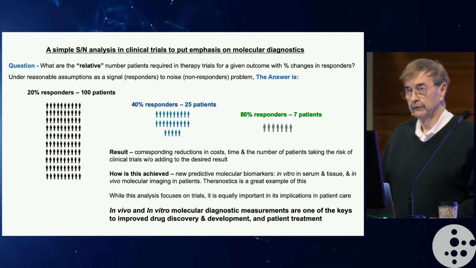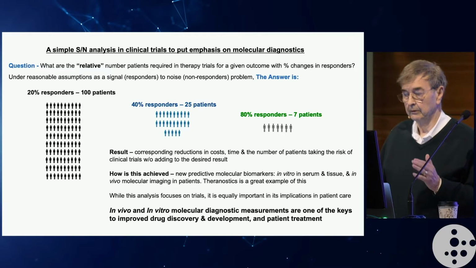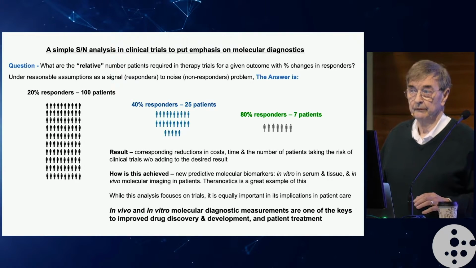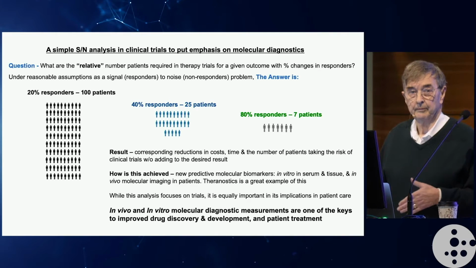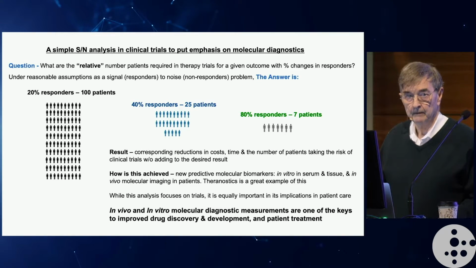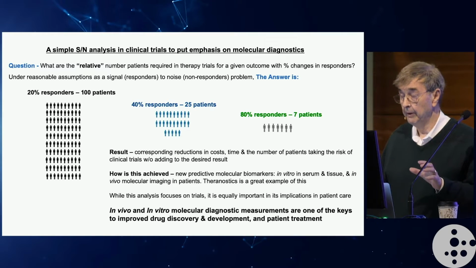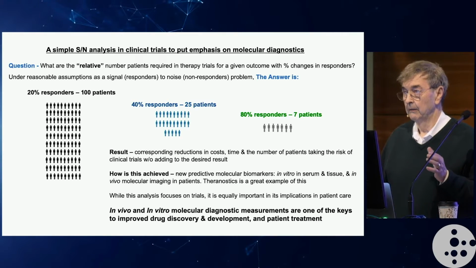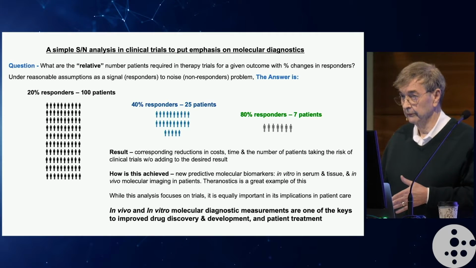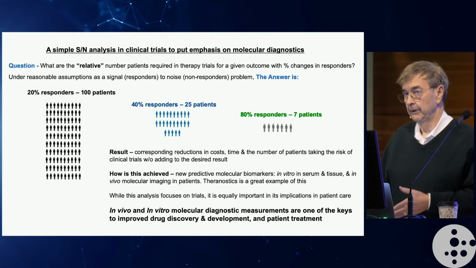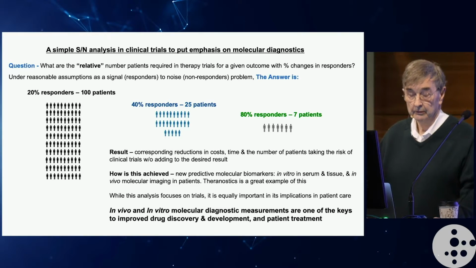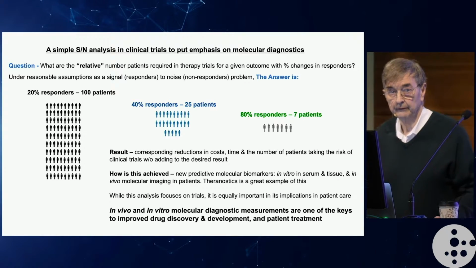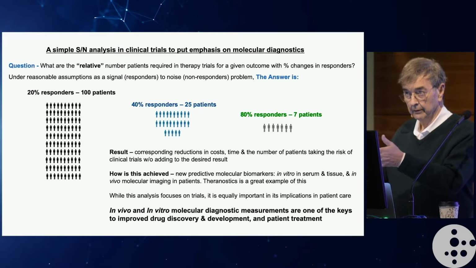Now that results in corresponding reduction in cost, time, and number of patients exposed to the risk of therapies that don't serve the purpose of the trial. This is a dramatic way to impact not only therapy trials, but our use of treatments for patients. But you have to develop new classes of molecular diagnostics that can achieve these enrichments.